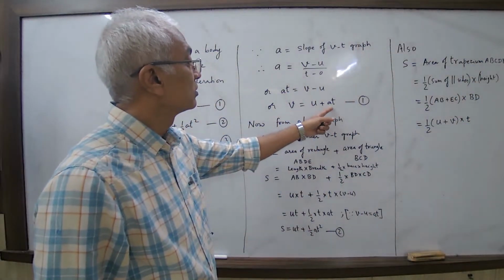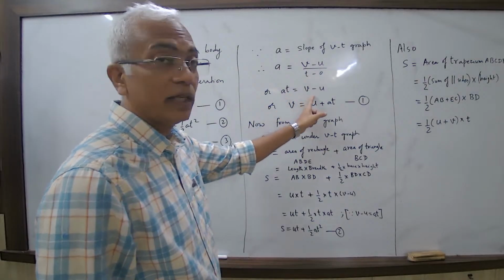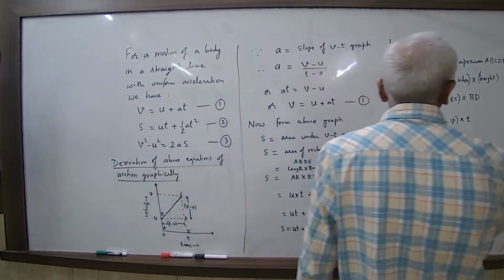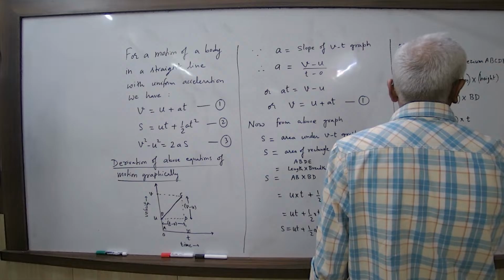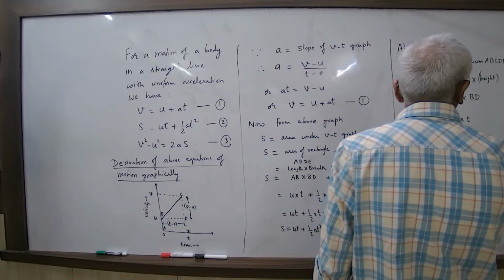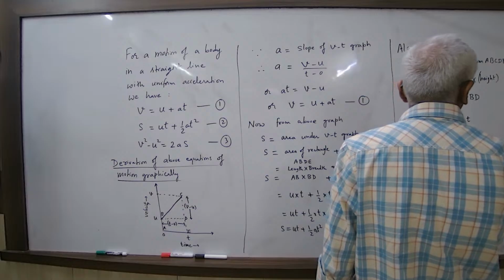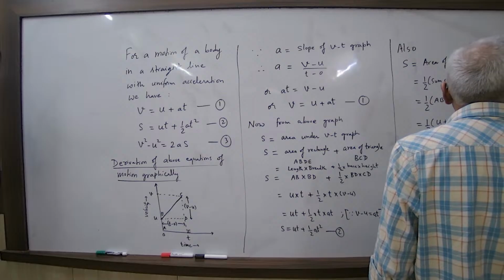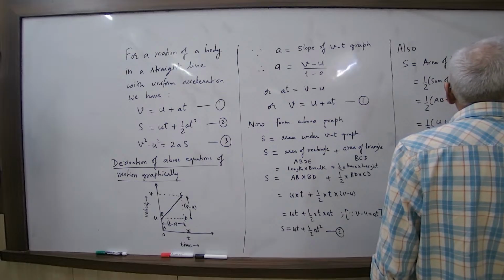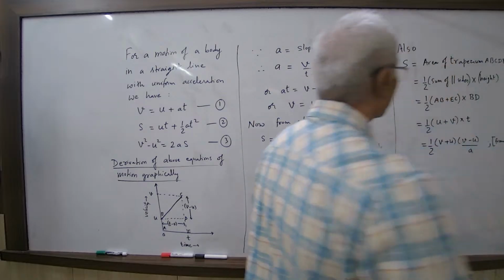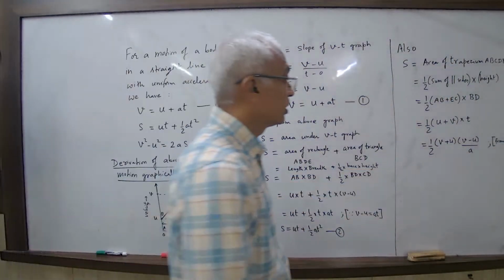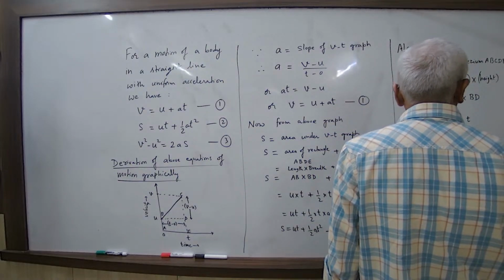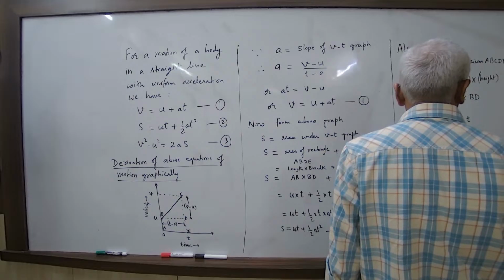But what is t from equation 1? T is equal to v minus u by a. So s is half into u plus v into v minus u by a. You can rearrange, so v squared minus u squared is equal to 2as, which is equation 3.